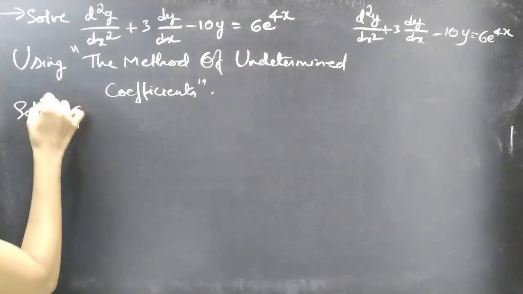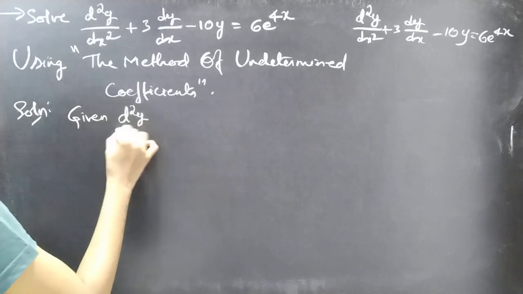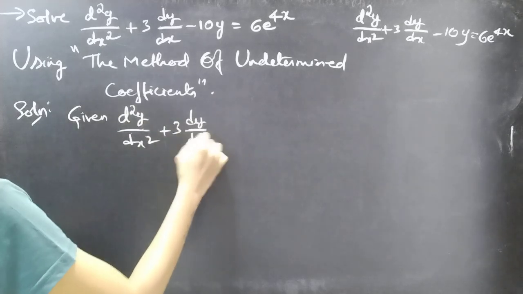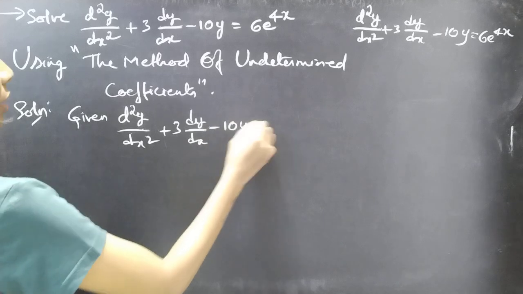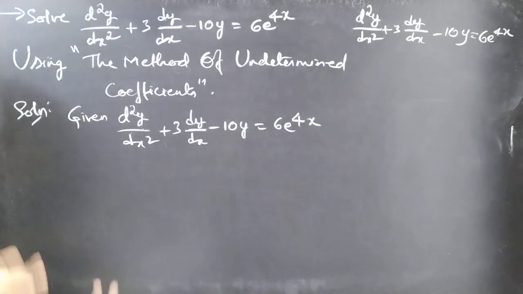We are given a differential equation d square y by dx square plus 3 into dy by dx minus 10y equal to 6 e power 4x, right? Consider it as equation 1.